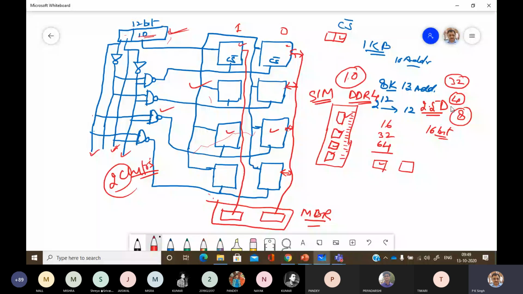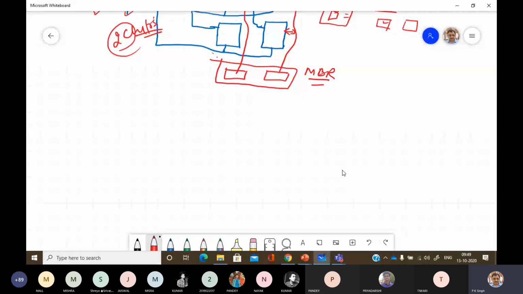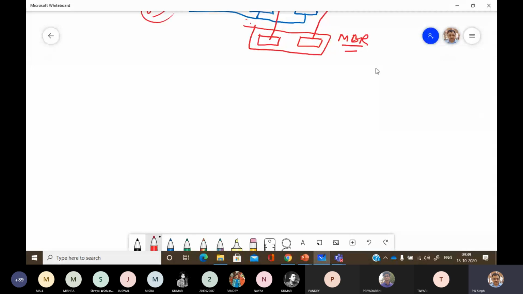Now, if you see the address distribution, your memory is byte addressable. Now we are going to facilitate word read as well as byte read, or word write as well as byte write. You can write a word as well as you can write a byte of information.